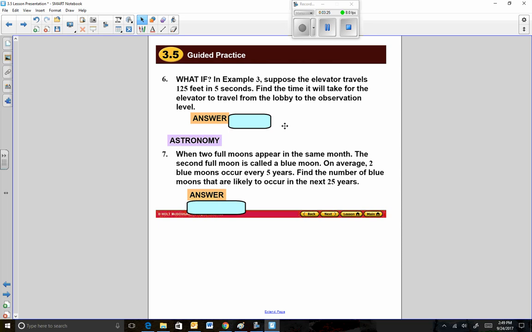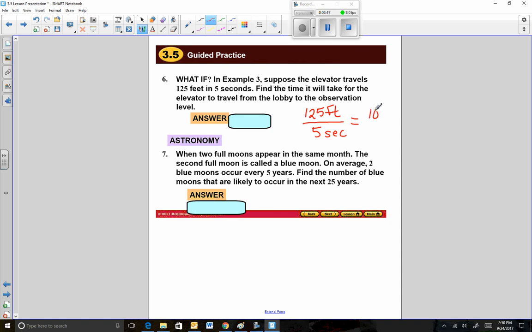Welcome back. For this question, we should have: suppose the elevator travels 125 feet in 5 seconds, so 125 feet in 5 seconds equals, find the time it will take the elevator to travel from the lobby to the observation level.